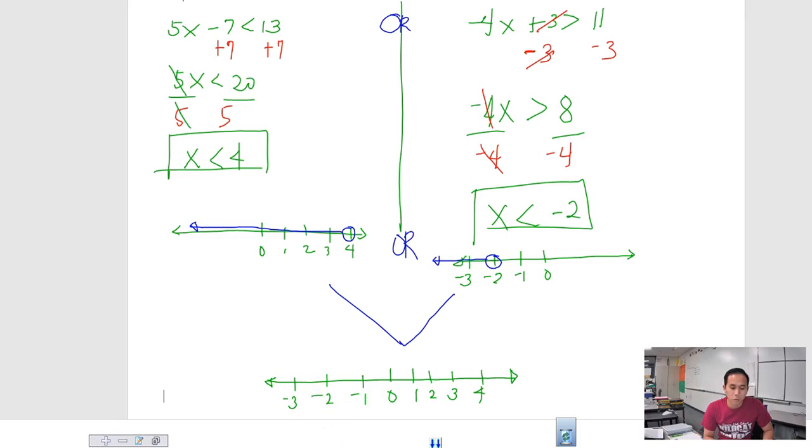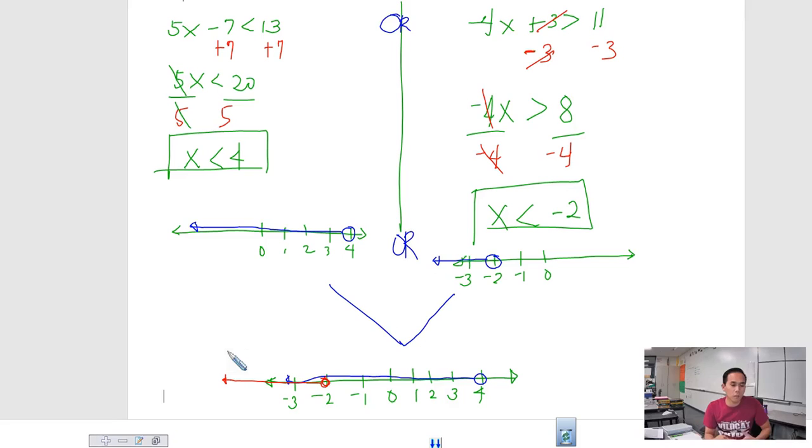If I graph x less than 4, it's here and goes there. And if I graph 0 and negative 2, it will be here, and it goes there too. So both of them are in the same direction.